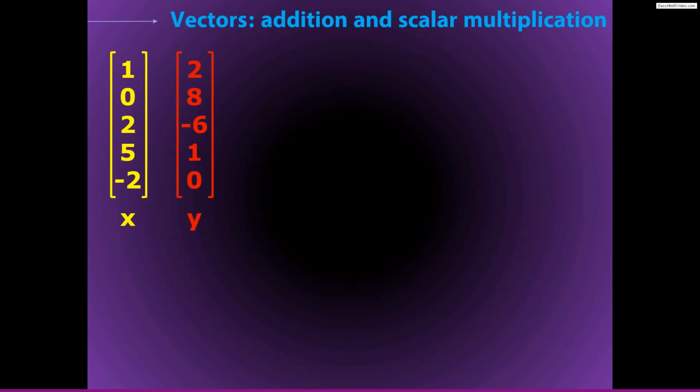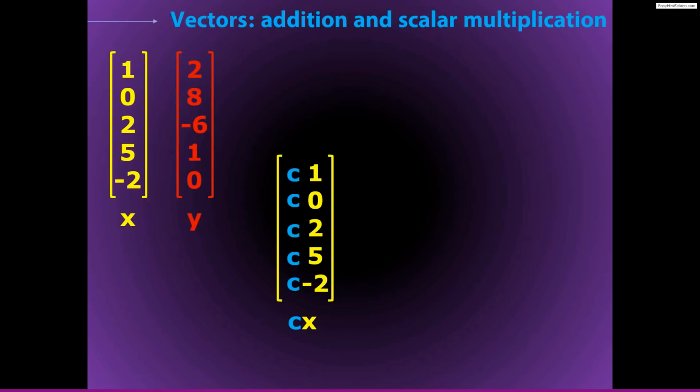So the next operation is scalar multiplication. If c is a scalar, a single number, then the scalar multiplication of c times vector x is simply multiplying each element in x by this scalar c, this single number. Good. So why do we call this scalar multiplication, and why do we call this a scalar instead of a single number?